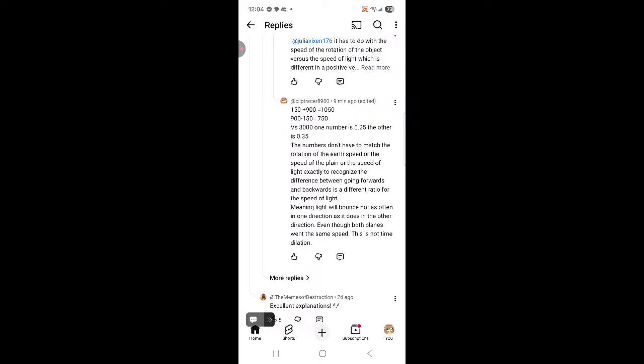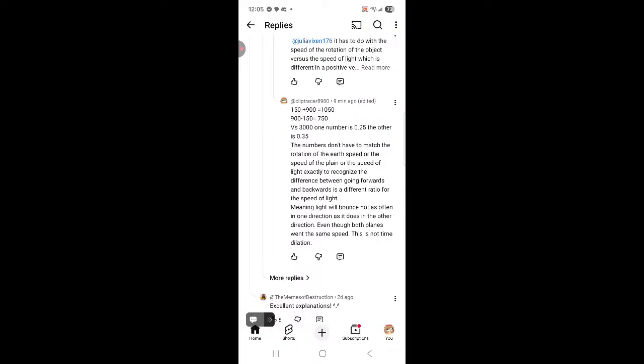Okay? The exact same thing happened on a large scale with planes going 150 forward, or I should say to the east, and the other one went 150 to the west. Their speed compared to the rotation of the Earth, which is represented by 900, just as an example of a number.